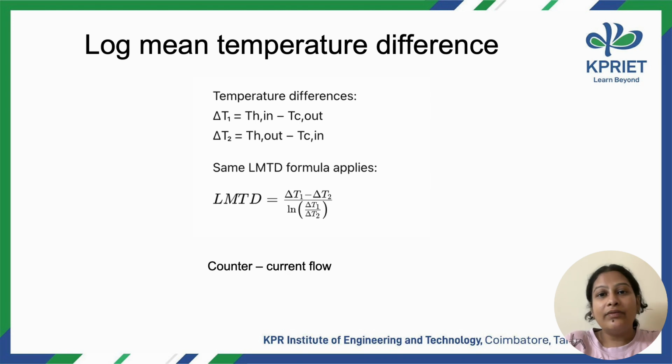On the other hand, when it is happening in a countercurrent direction, the hot fluid will be entering from one direction and the cold fluid will be entering into the heat exchanger from the opposite direction.